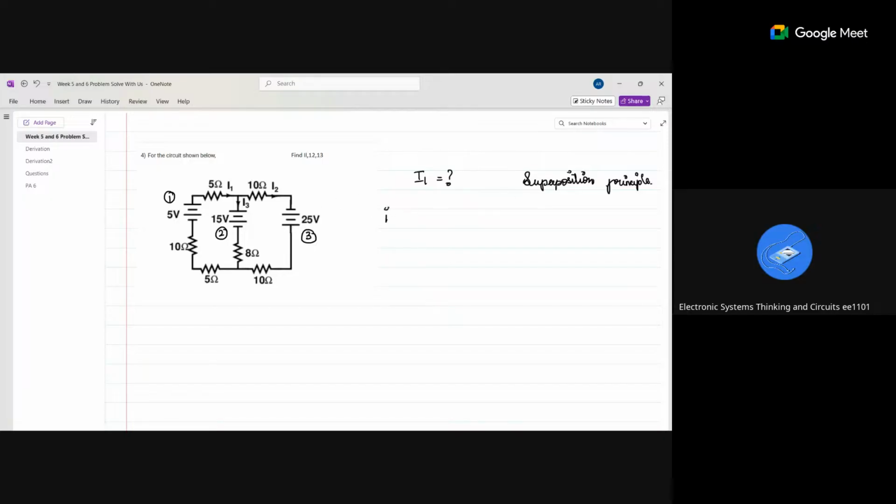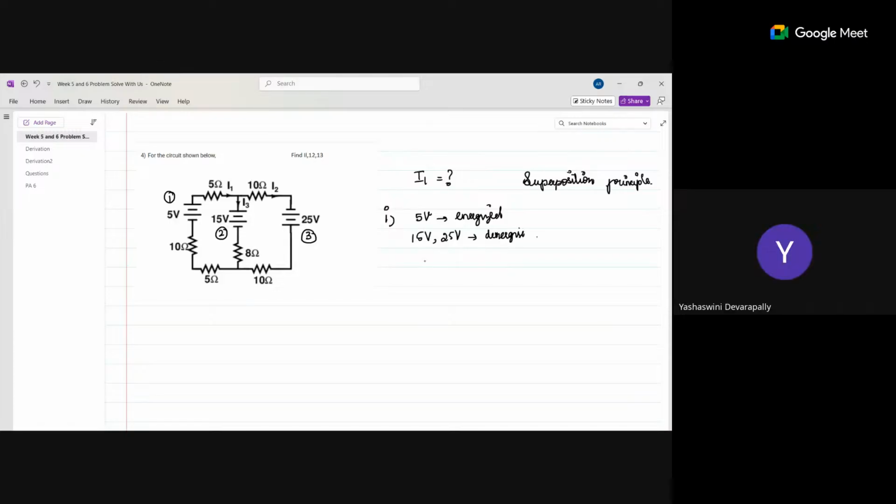So what's the first step of the superposition principle? We have to keep one source energized, the 5 volts, and de-energize the other two sources. Yes, right. We'll energize the 5 volt, and the other two, 15 volt and 25 volt, will be de-energized.